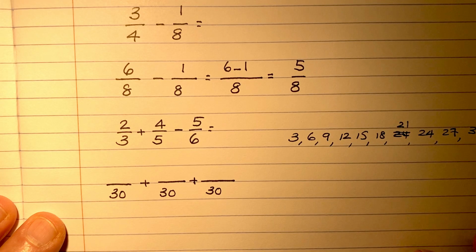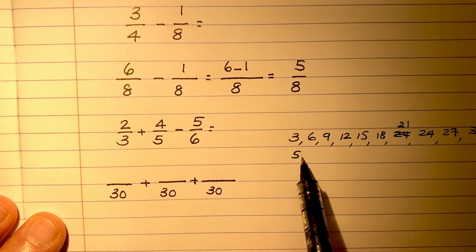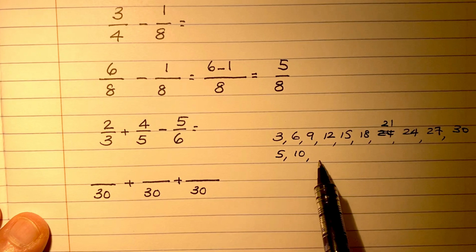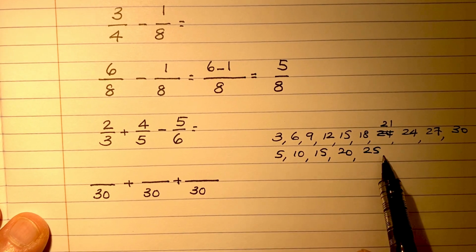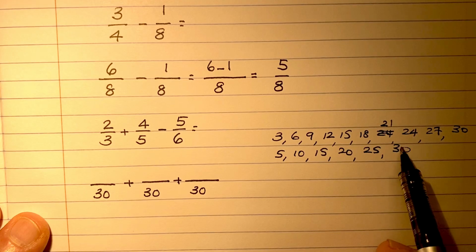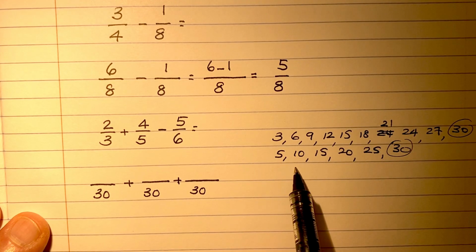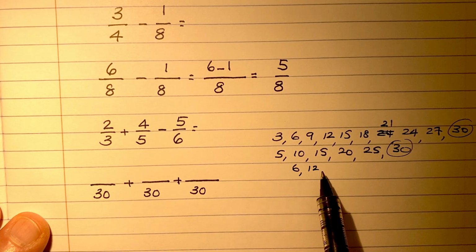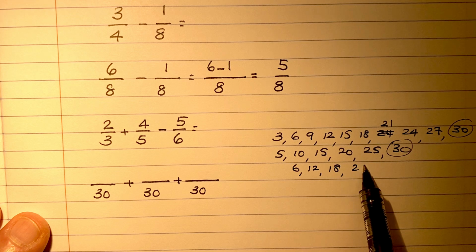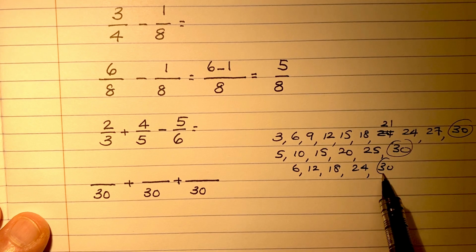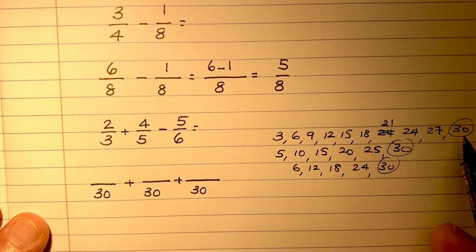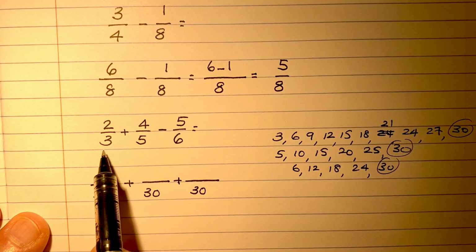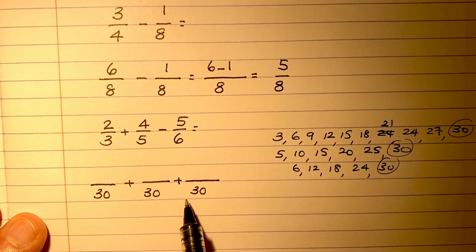You don't need to go any further. 5, 10, 15, 20, 25, 30. And 6, 12, 18, 24, 30. But when you know your times tables well, you can see these without listing them. So they all have a denominator of 30.